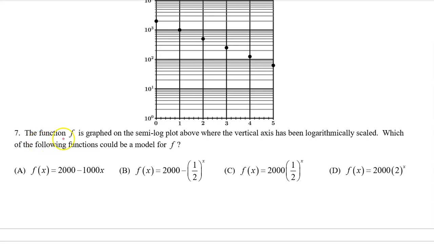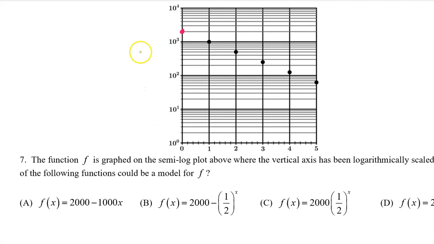Number 7, the function f is graphed on the semilog plot above where the vertical axis has been scaled logarithmically. Which of the following functions could be a model for f? Remember that 10 to the third power is 1,000. So as we pass 10 to the third power, we must count by thousands.